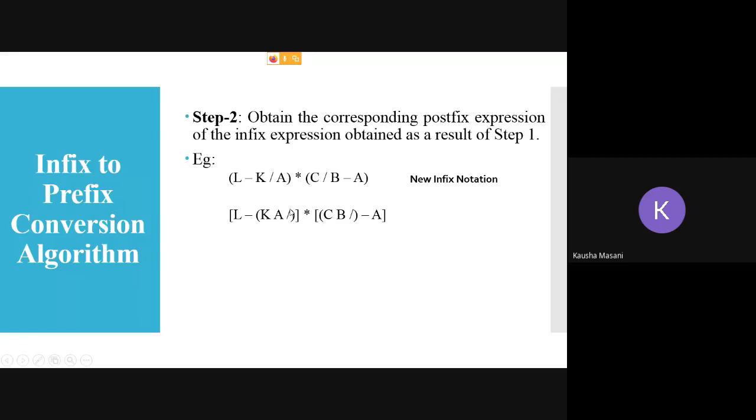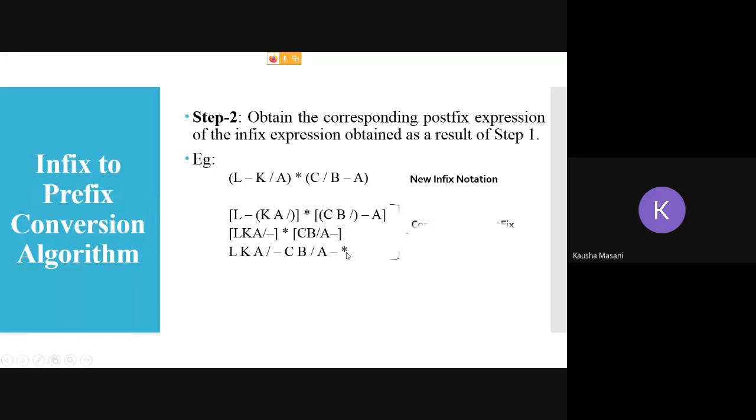Fine. So K of A divide, here C of B divide. Okay, now next step, LKA divide minus. Okay, here CB divide A minus. Okay, and then your star expression. Okay, so LKA divide minus CB divide A minus star.